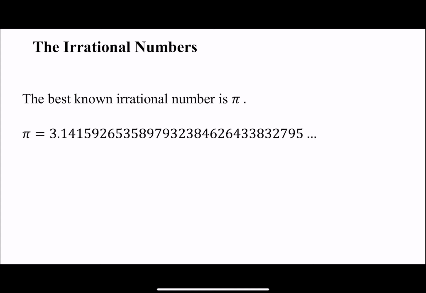So in calculations, usually we go with 3.14, but it's just an approximation. It's an irrational number. So the decimal digits are not repeating, they don't end, right? So they're not repeating, they're not terminating. So here we go. We have an irrational number.